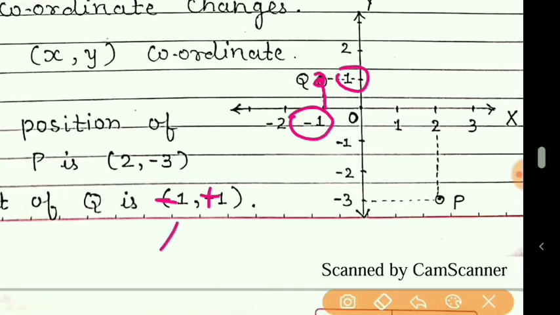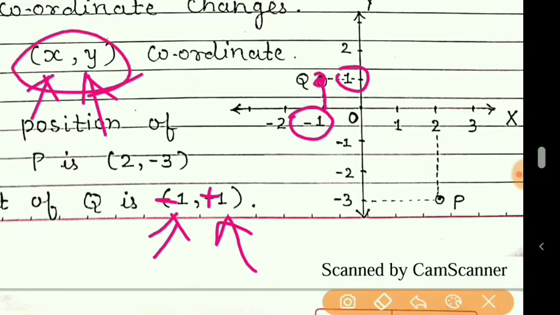Always the first number represents the x coordinate and the second number represents the y coordinate. You can see here also. In this way we have to represent the coordinates, and these coordinates show the position of the object or any point.